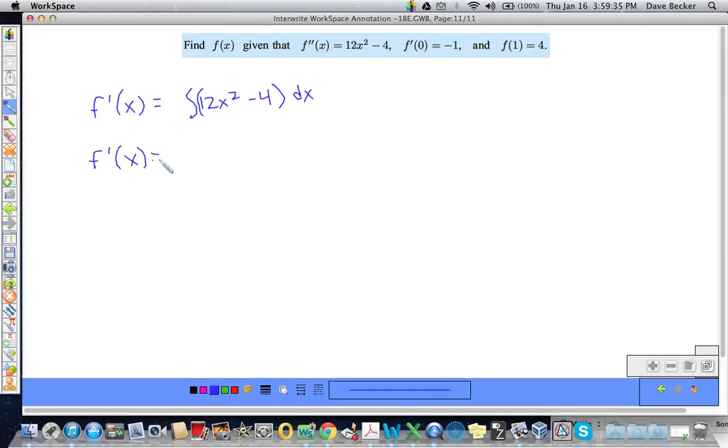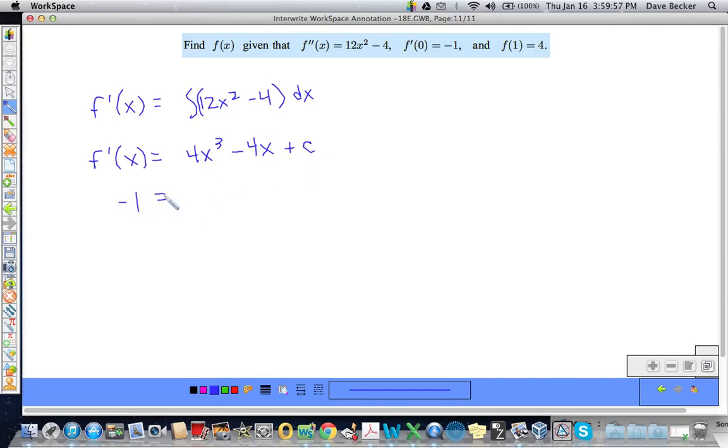So this would be equal to, let's do this in our head, 12x cubed over 3 is 4x cubed minus 4x plus a constant c. Okay? And I know that f prime of 0 equals -1, so I can easily solve for c.